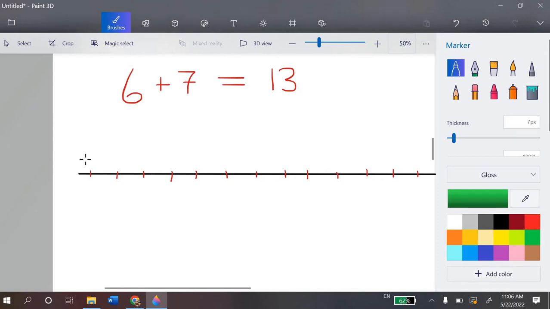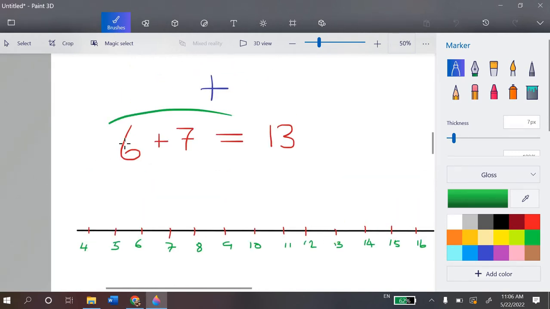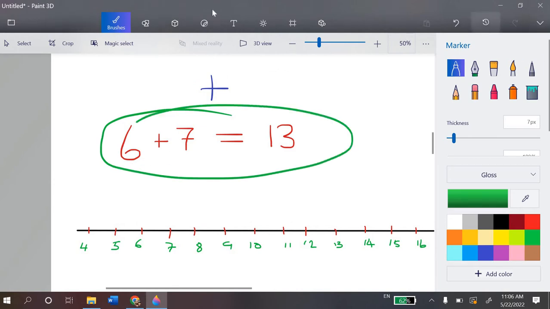Let's say we start here at number 4, 5, 6, 7, 8, 9, 10, 11, 12, 13, 14, 15. We go up to 16. We want to show this on the number line.